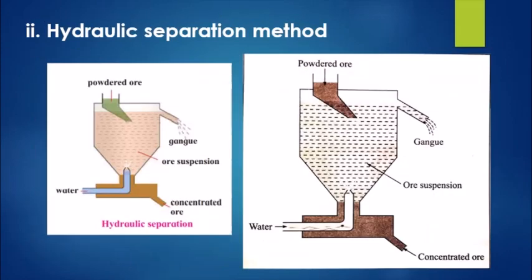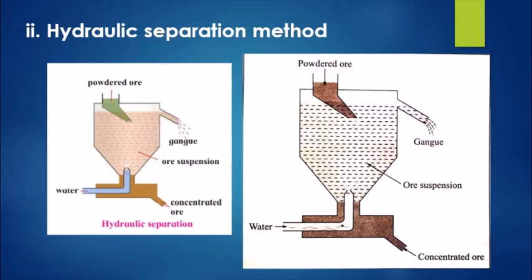The second method of separation is the hydraulic separation method. In this we have a tank and we use water again for separation. We first take the powdered or crushed ore, the finely ground ore, and release it into the tank which is filled with water. This tank has two jets of water.